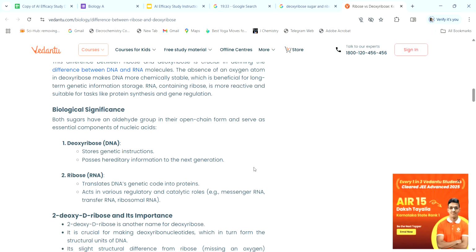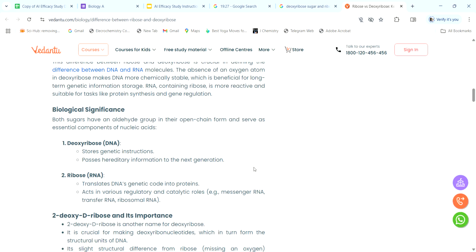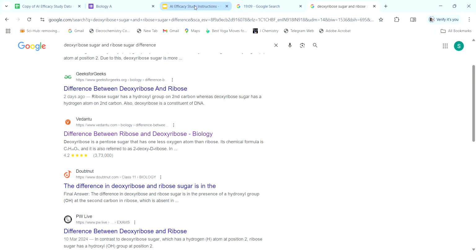DNA stores the genetic instructions and passes heredity information to the next generation, and RNA translates DNA's genetic code into proteins and acts in various regulatory and catalytic roles. Okay. The next is the central dogma of biology.